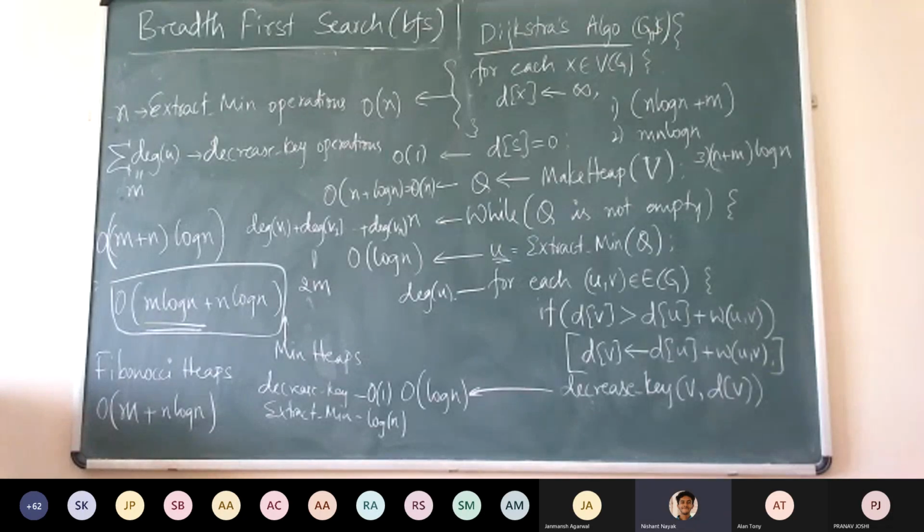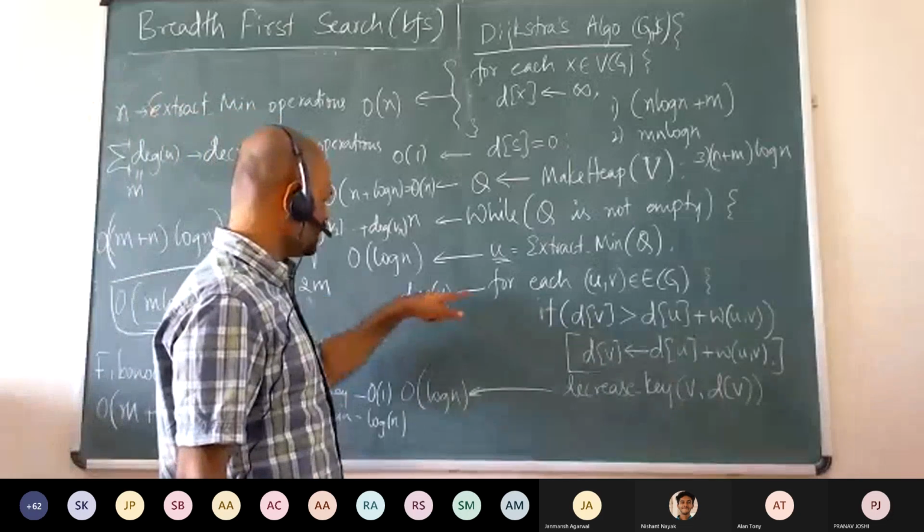Since this is inside the while loop, assume a complete graph, where every vertex is connected to every other vertex. So for every time the while loop runs, won't it check for every other vertex? Wouldn't that be n times m times log n? No, because we are counting for each vertex here.